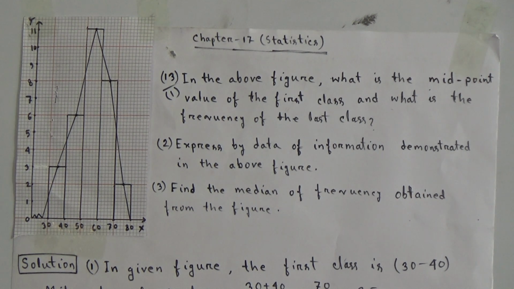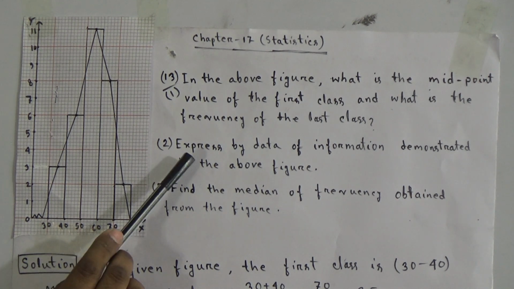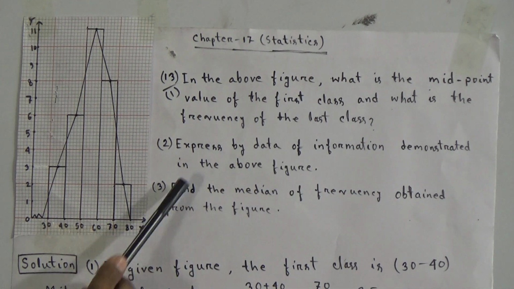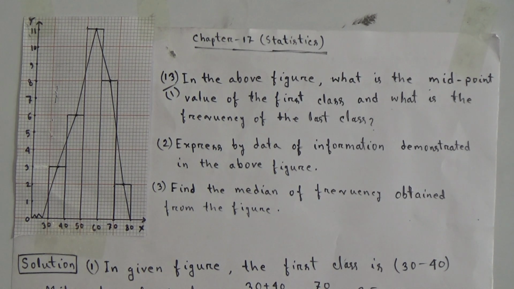Two number question is: express by tabular form the data of information demonstrated in the above figure. Dear students, here the data is given in the form of graphical representation, and we have to convert this graphical representation into tabular form.